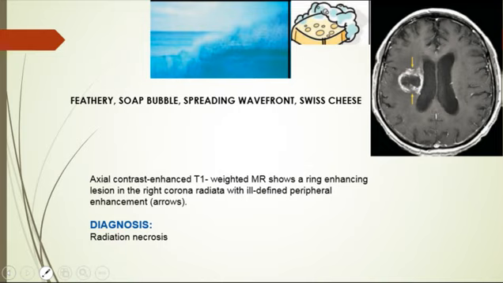Excellent. Okay. What else? SPECT, thallium 201 single photon emission tomography, which will show increased uptake in recurrence, decrease in radiation necrosis. Also PET, 18 FDG PET, which will show increased metabolism in recurrence and decrease in necrosis.